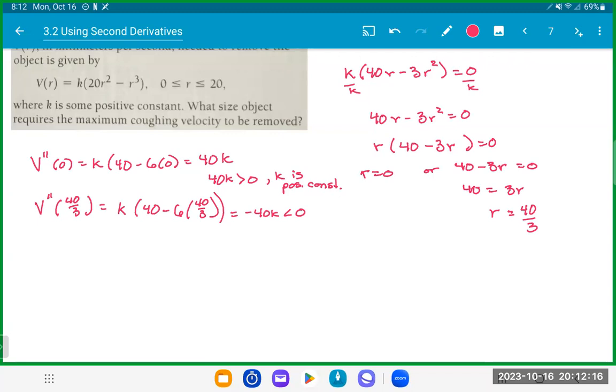So since our second derivative is less than 0, we know that there is a relative max. And that occurs at r equal to 40 over 3. Okay, so for the object whose radius is 40 over 3 millimeters, the maximum velocity is needed to remove that object.